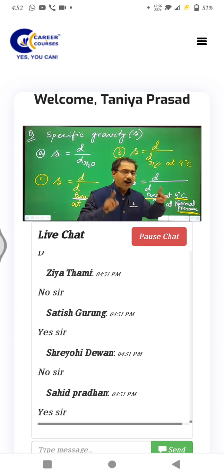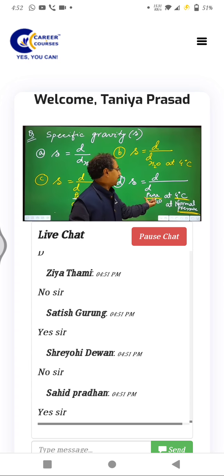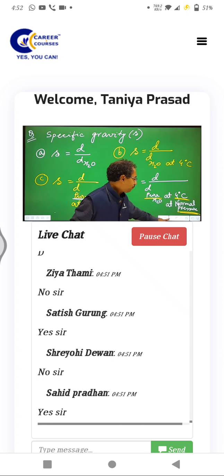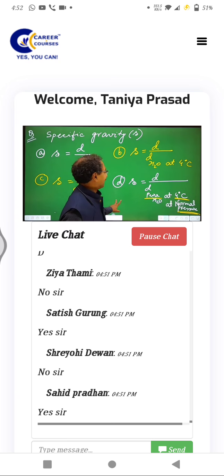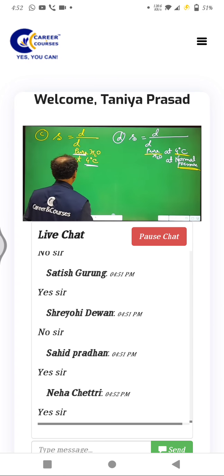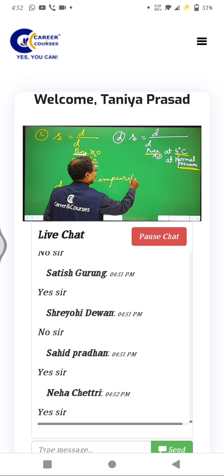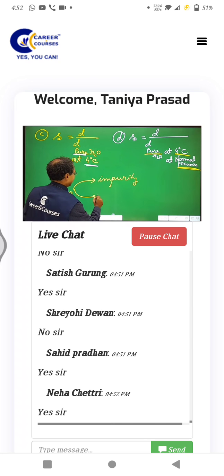Whether the pressure is normal or abnormal, no matter. It has no effect over the density of water. So the density of water depends upon only 2 factors: number 1, impurity present within it, and number 2, the temperature.